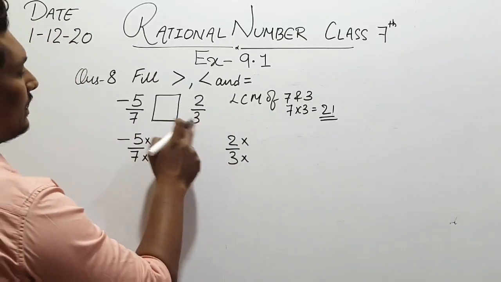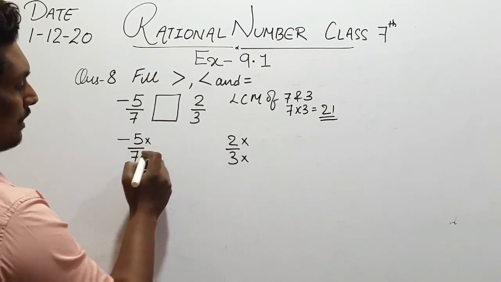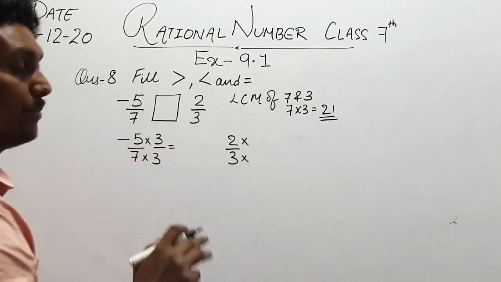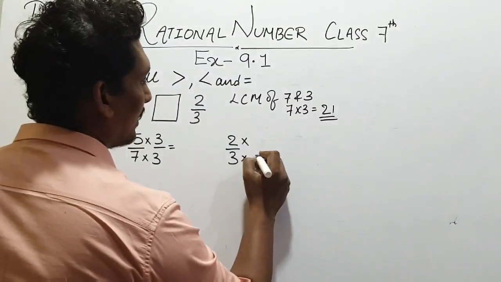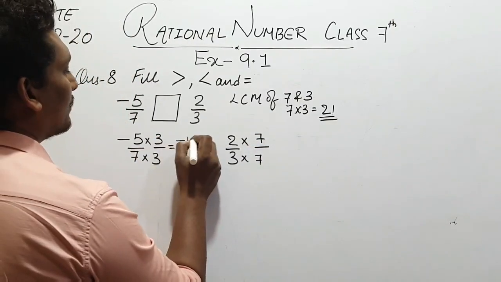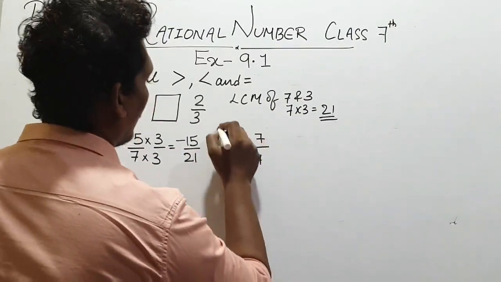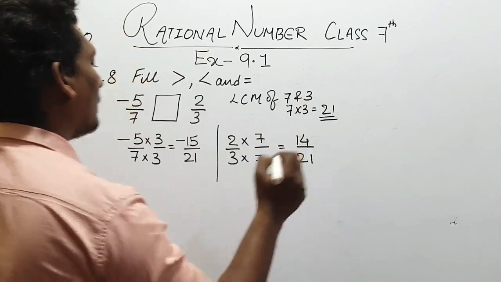In the table of 3, 7 times is coming, and in the table of 7, 3 times is coming. So 7 3s are 21, and you have to multiply both the numerator and denominator with the same number, right? So here 7 and 7. So minus 15 over 21, and here 14 over 21.